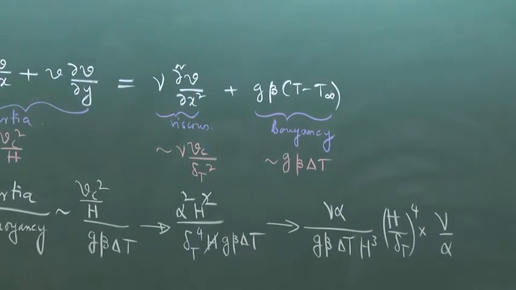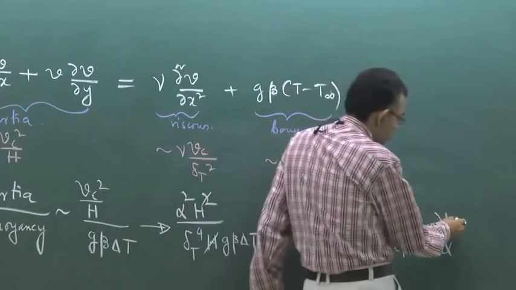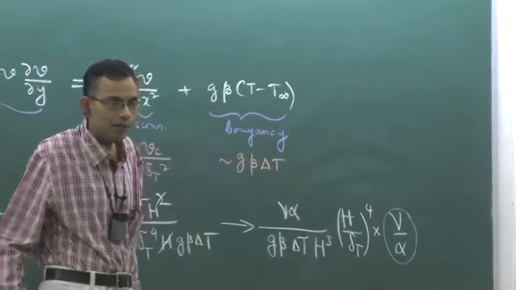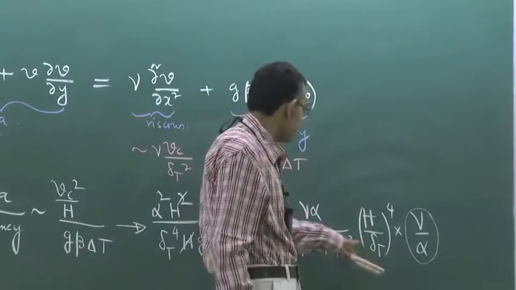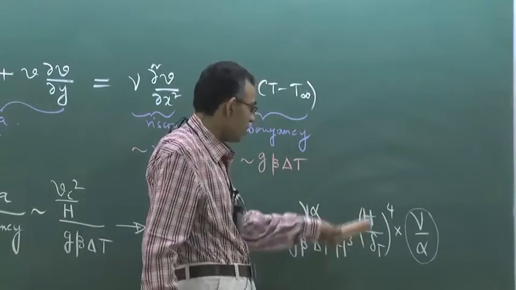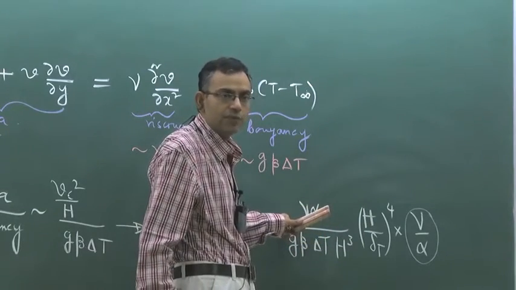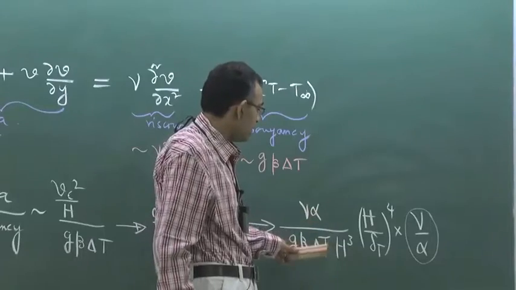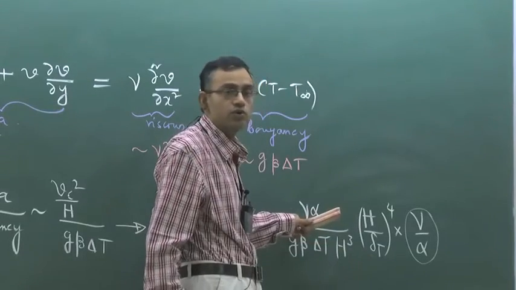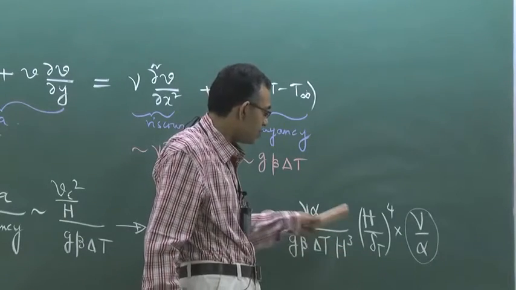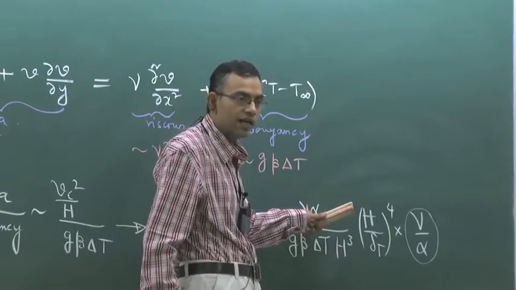Why we have done this is because again this is our by the time so familiar non-dimensional number, the Prandtl number. This is non-dimensional. So this is another non-dimensional number, a very similar non-dimensional number we discussed in the previous lecture, that was g beta delta t h cube by nu square, Grashof number, and this is g beta delta t h cube by nu alpha, this is called as Rayleigh number.